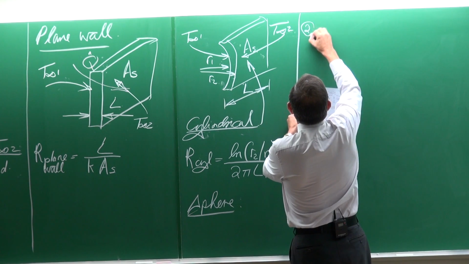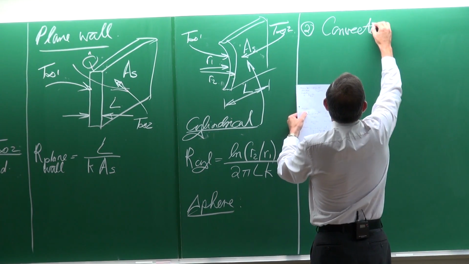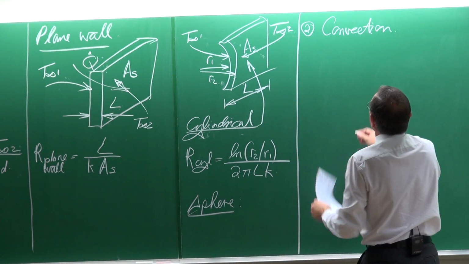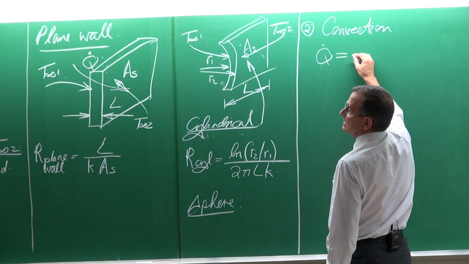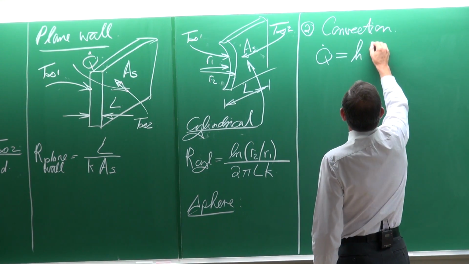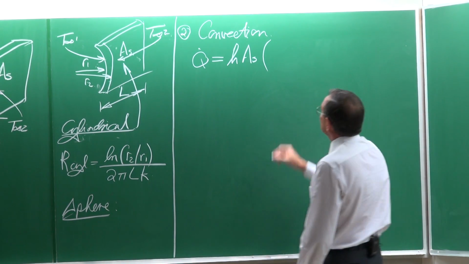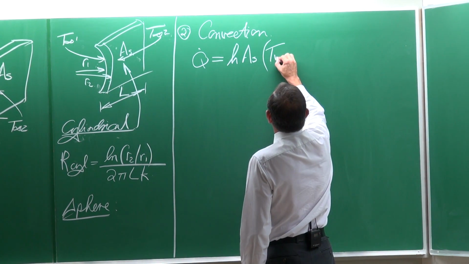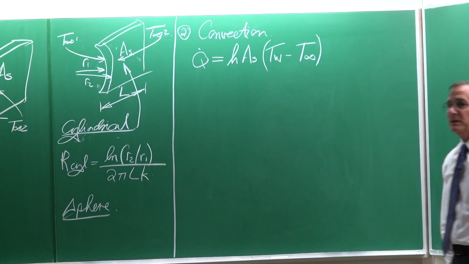Then the next one is convection. For convection heat transfer, the heat transfer rate is equal to the heat transfer coefficient multiplied by the surface area multiplied by the temperature of the wall minus the temperature of the environment.